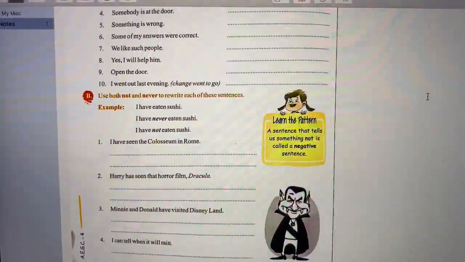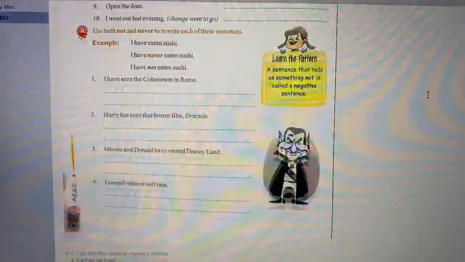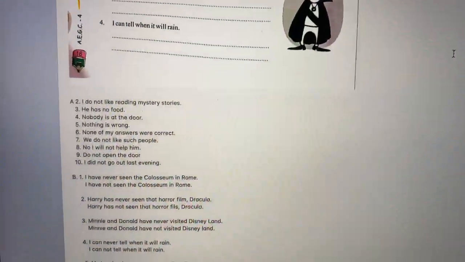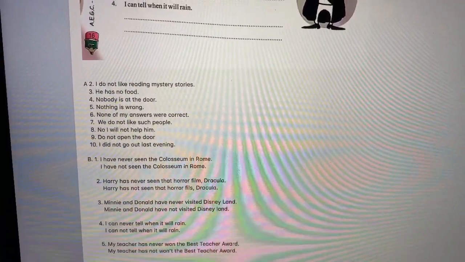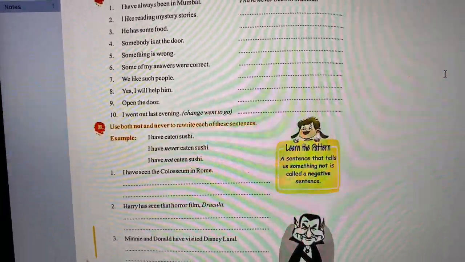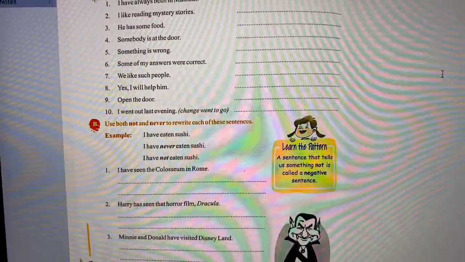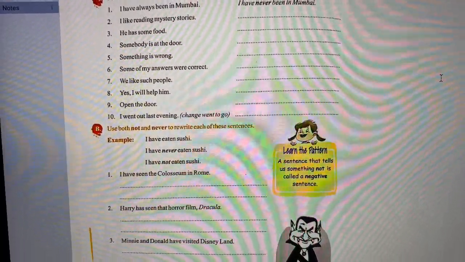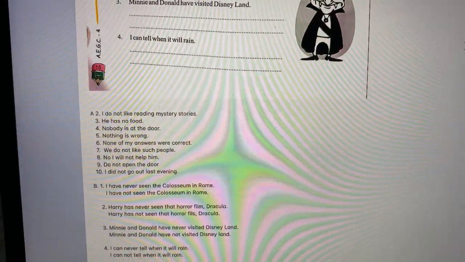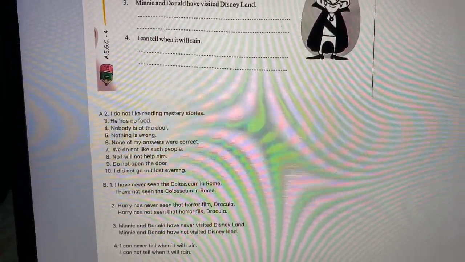Then we have the ninth one, open the door. And to turn this to a negative sentence, it will be, do not open the door. On the 10th one we have, I went out last evening, and it also says change when to go. Okay, so in order to change this, it will become I did not go out last evening.